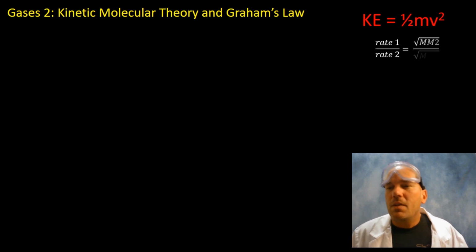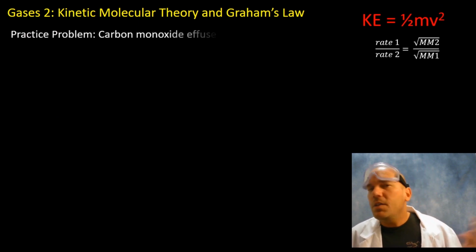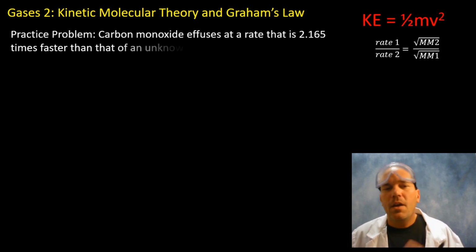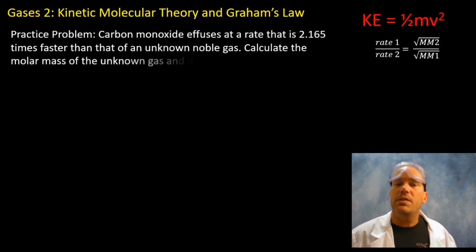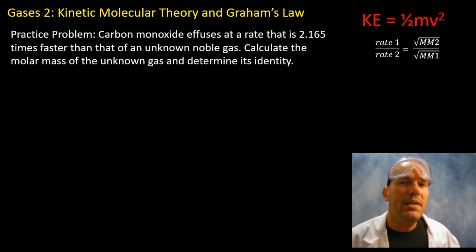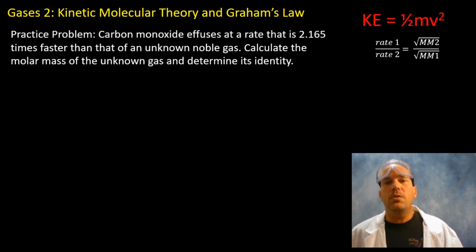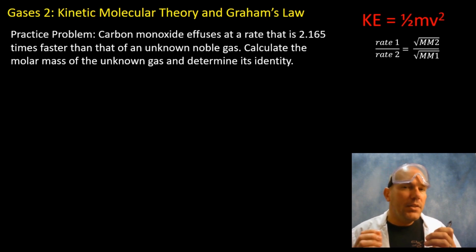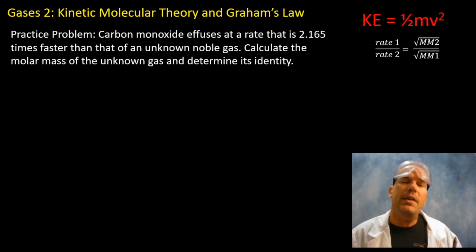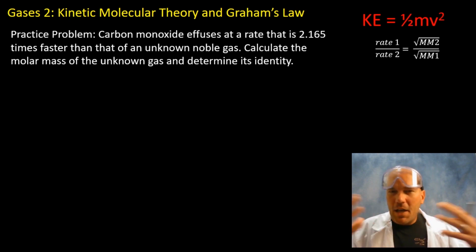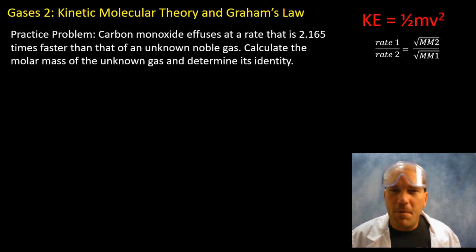All right, so what I want to do here is one practice problem. Carbon monoxide effuses at a rate that is 2.165 times faster than that of an unknown noble gas. Calculate the molar mass of the unknown gas and determine its identity. Now, I find students struggle with Graham's law computation, so I'm going to give you some bits of information to make this a little easier.